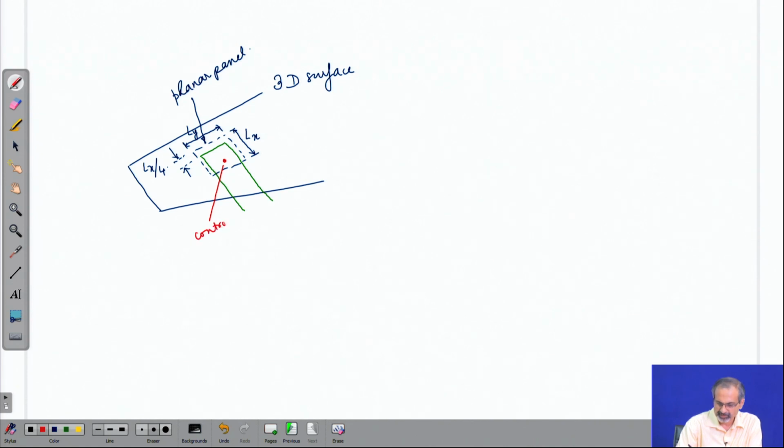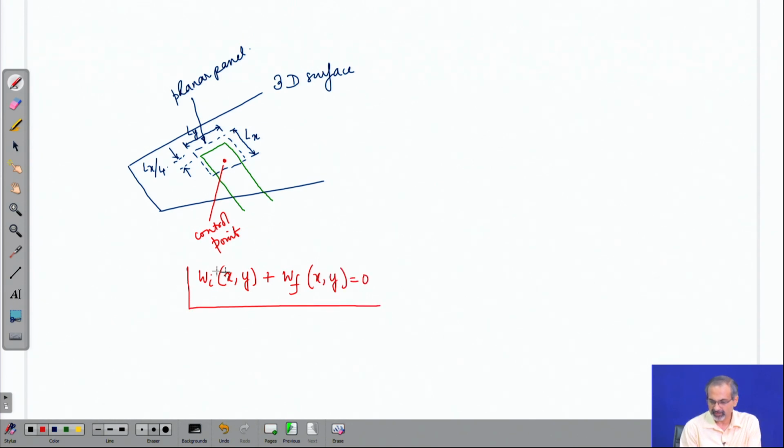So, let this be the control point. This is the point where you are going to numerically impose this condition, and that will be applied at each and every panel that you are creating.